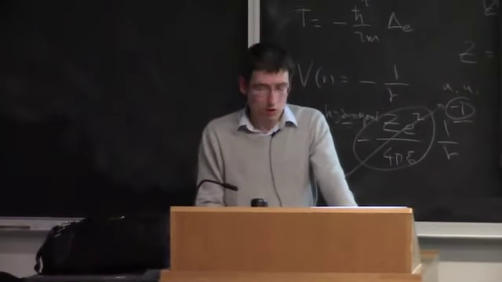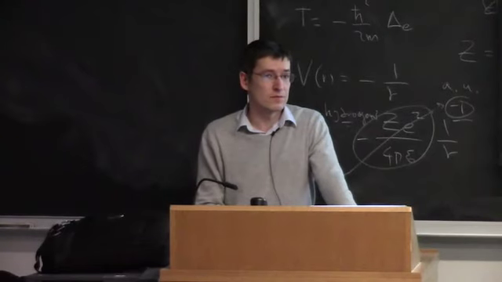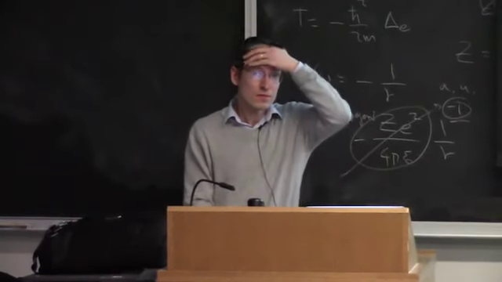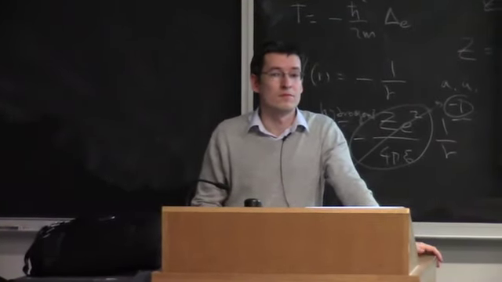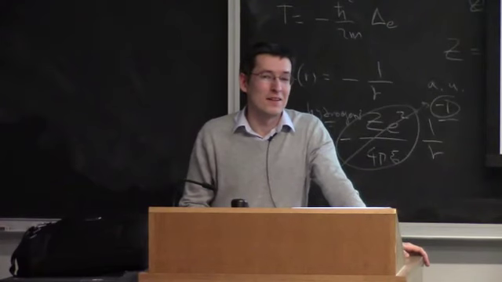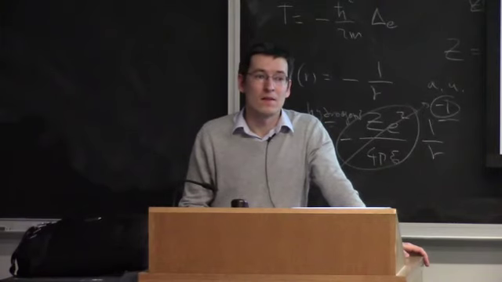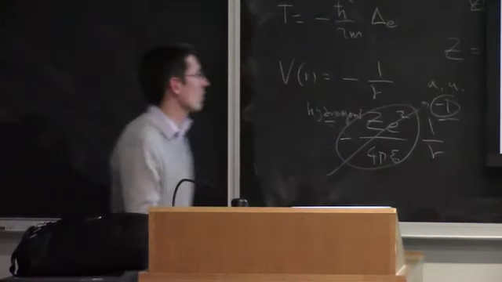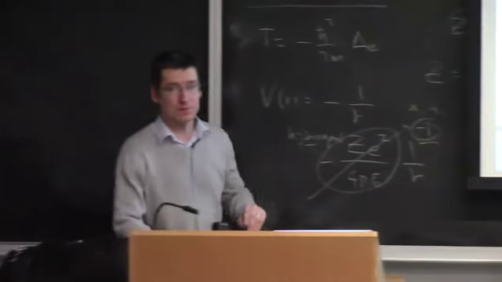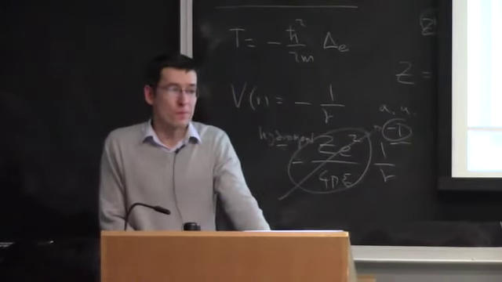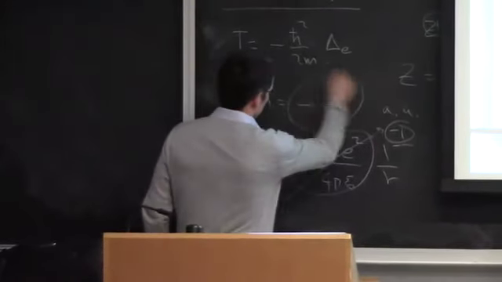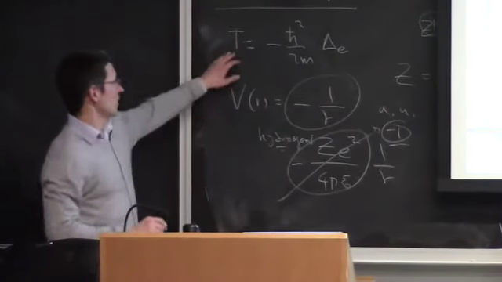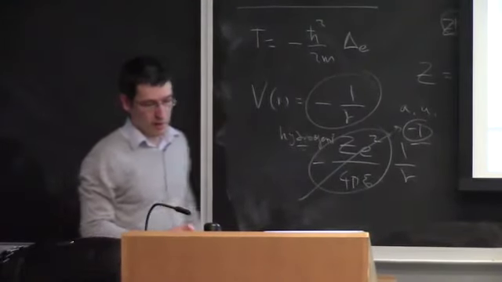Why did we go to spherical coordinates? Which part, kinetic or potential? Potential, right? Because in spherical coordinates, the potential part is just 1 over r. The kinetic part, though, is somewhat more complicated.